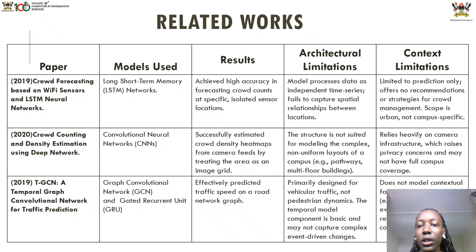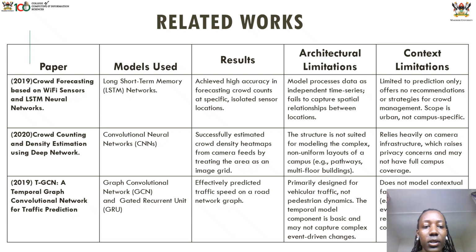The model limitation was that the model was processing data as independent time series, and it failed to capture the spatial relationships between the locations. Then the contextual limitation: it was limited to predictions only, it never offered recommendations.